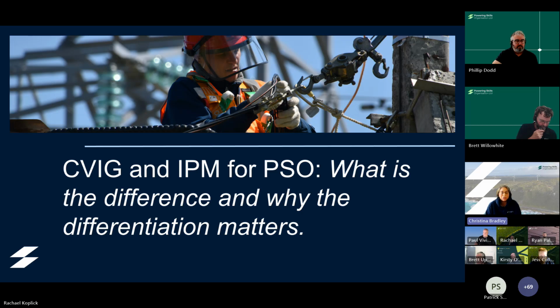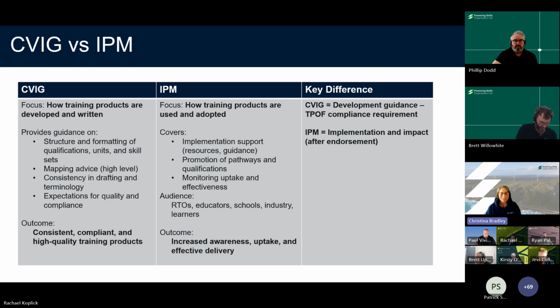Why do we need to make this really clear for you, and what is the difference, and why does the differentiation matter? Because there are two things that we need to really call out for you. The companion volume is a TPOF compliance requirement.